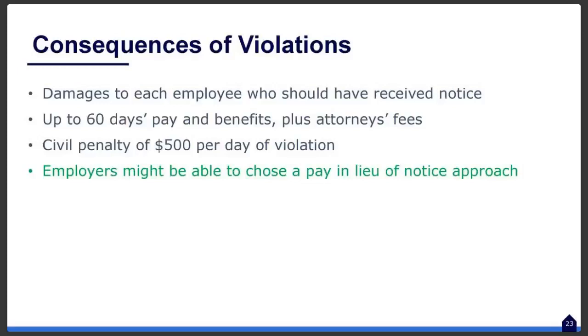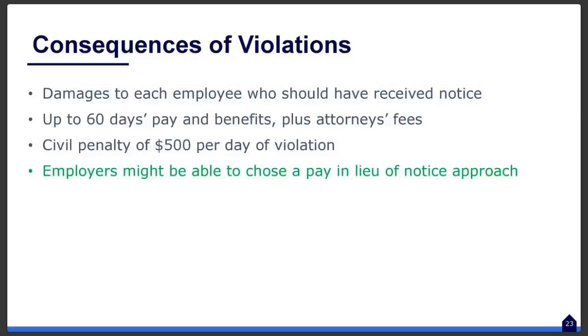I put in green on this slide that there is this possibility that, in the right situations, employers would essentially have the choice to either pay or give notice, because the penalty for not giving even 90 days notice is 60 days pay and benefits.